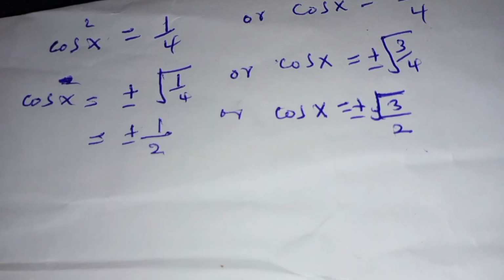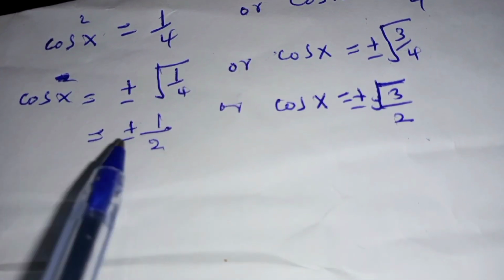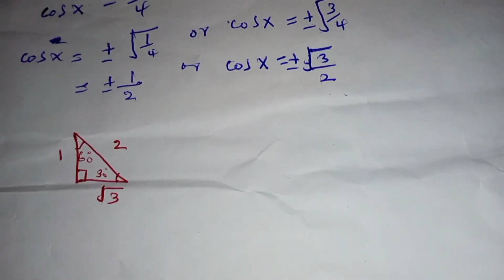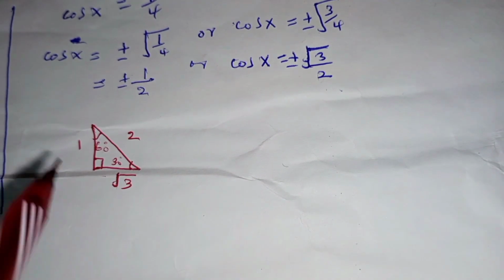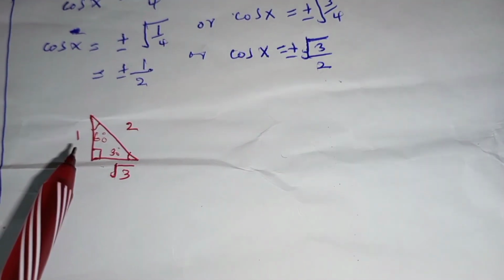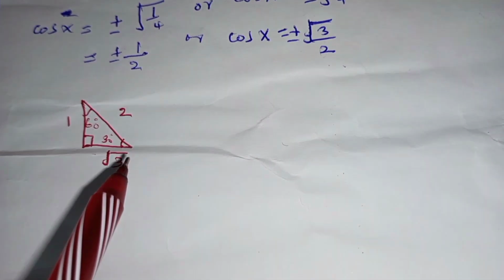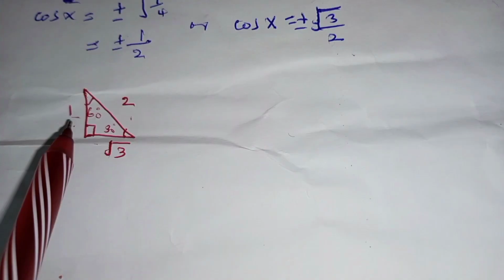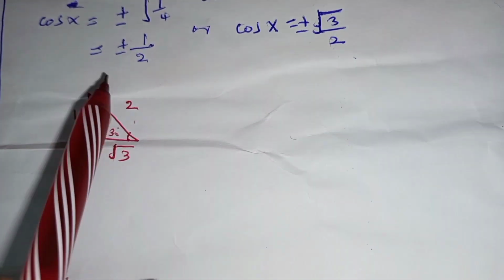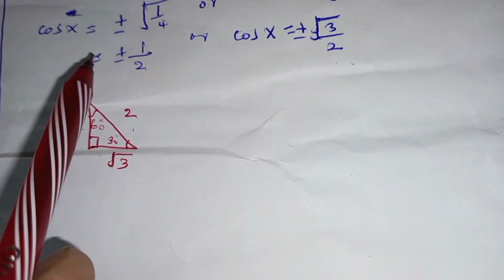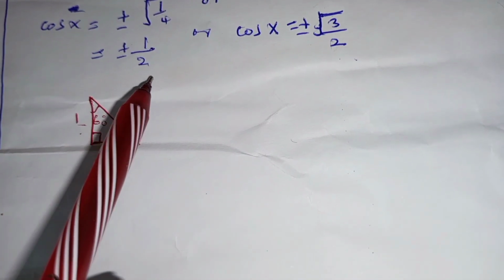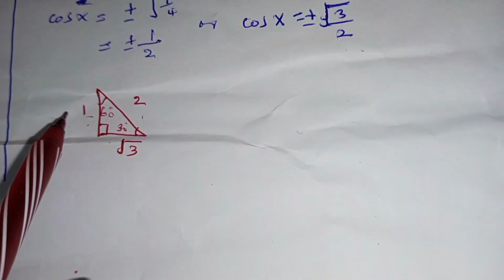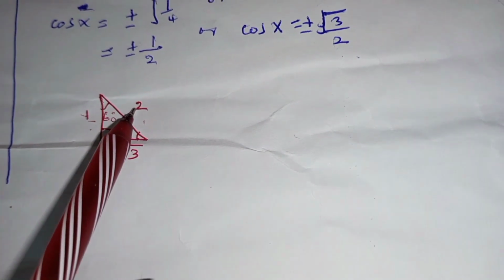From here now, these are special angles. We are going to draw a triangle so that we can find our values. The cos whose value is a half: you can see from this diagram, cos is given by adjacent over hypotenuse. The cos whose value is half is 60 degrees, because cos is given by adjacent over hypotenuse.